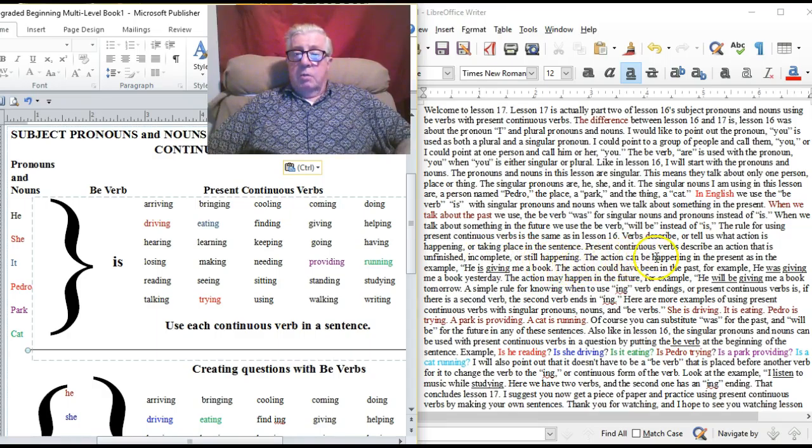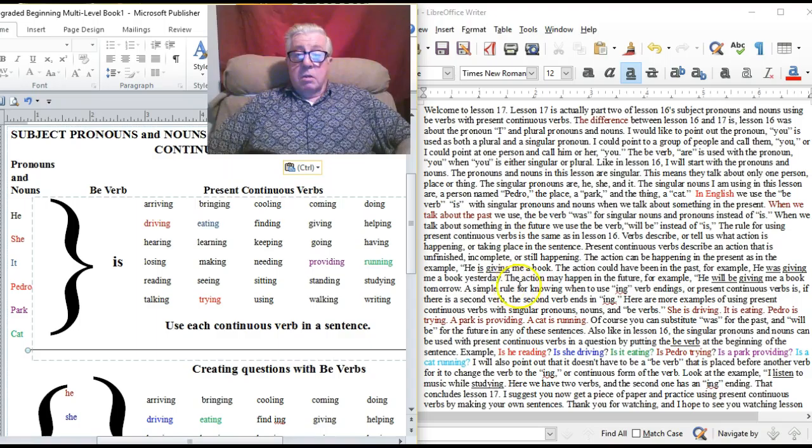The action can be happening in the present, as in the example, he is giving me a book. The action can be happening in the past. For example, he was giving me a book yesterday.